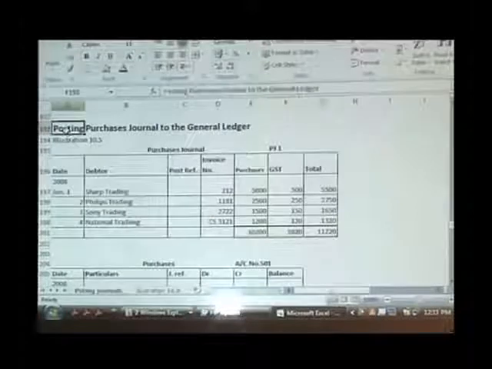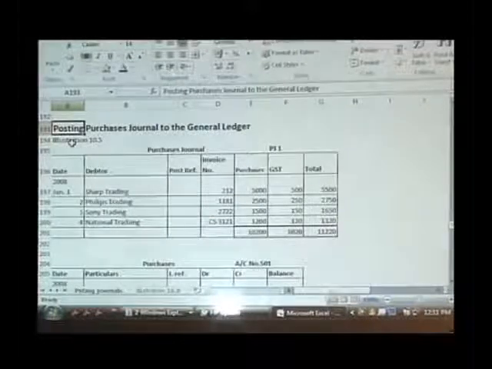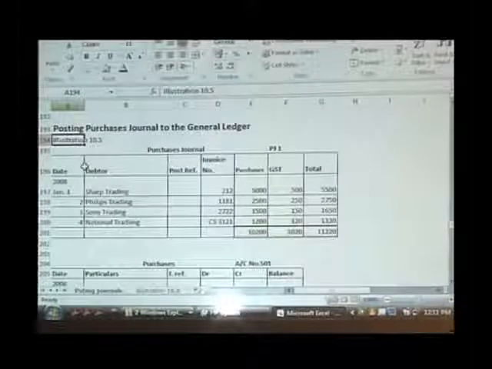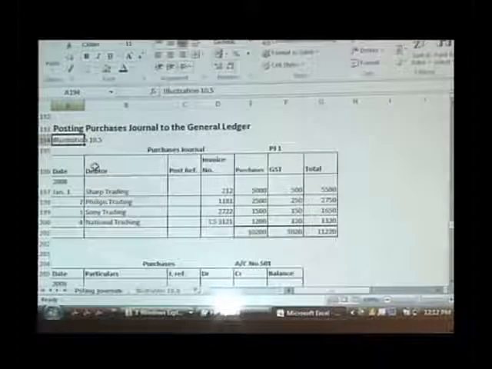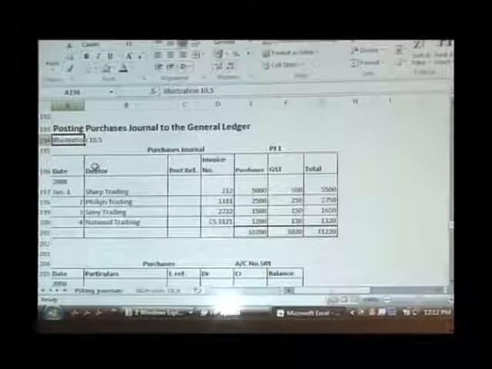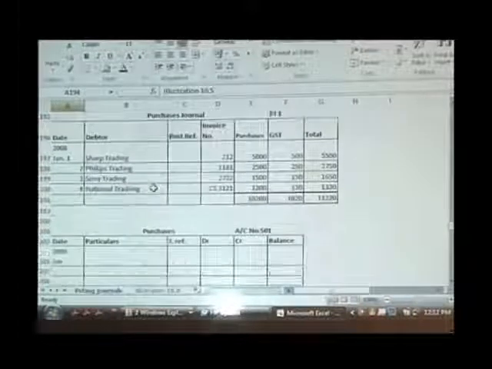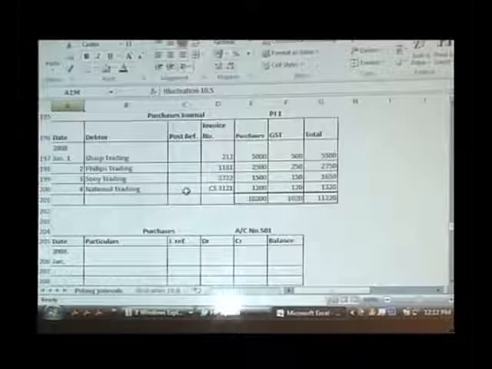Next is posting the purchases journal to the general ledger. Turn to illustration 10.5, where you can find this journal. And now this is the time for us to post this journal.